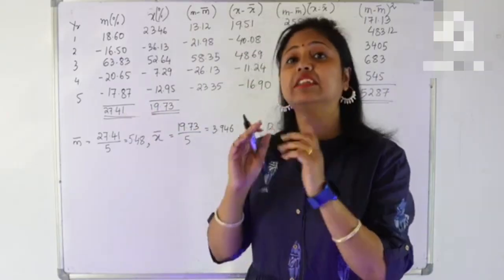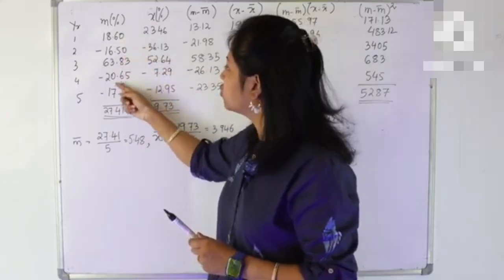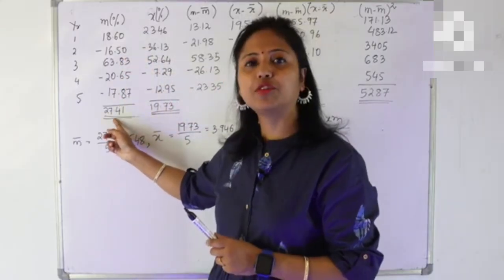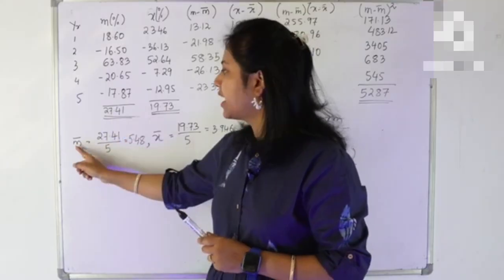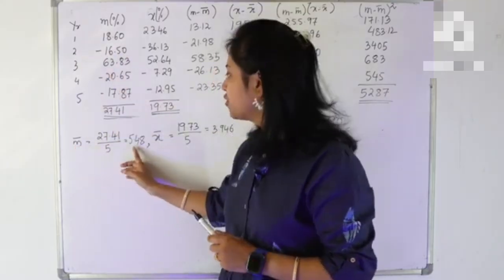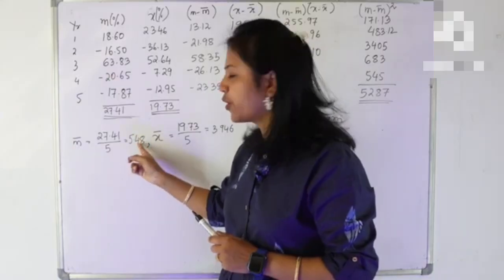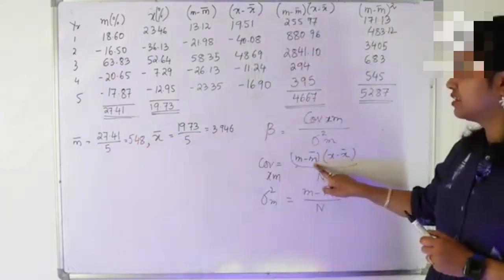M bar means the average market returns. So I first total these values, and we get 27.41. Once I have the total 27.41, I get m bar by dividing it by the number of observations, that is 5. So we got m bar equal to 5.48.